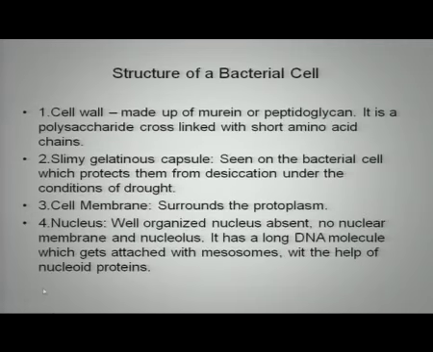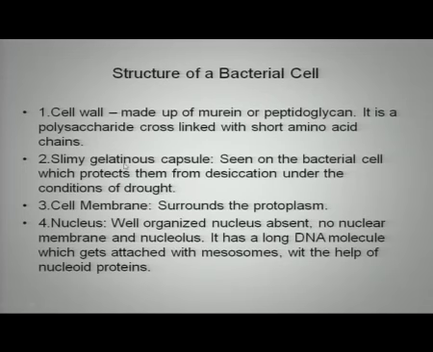Now, coming to the structure of a bacterial cell or a prokaryotic cell in detail. The first part that we can see here is the cell wall, which is made up of murein or peptidoglycan. It is a polysaccharide cross-linked with short amino acid chains.